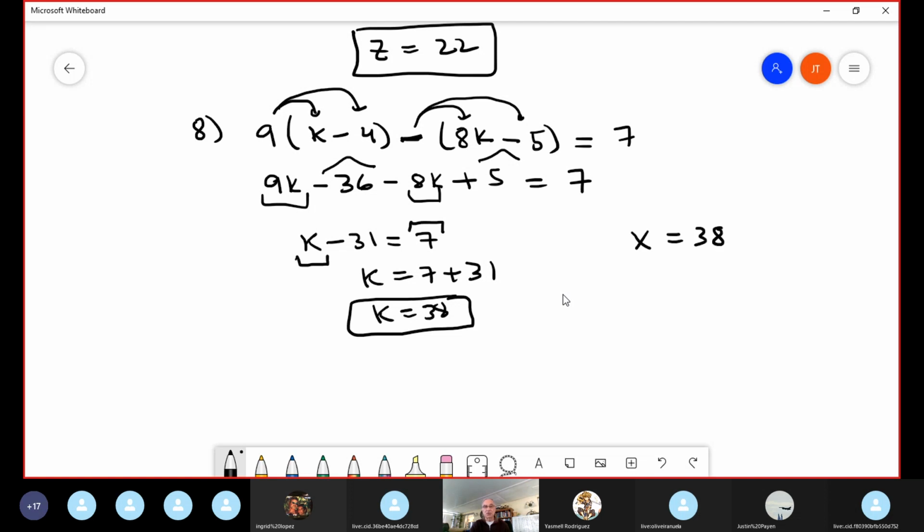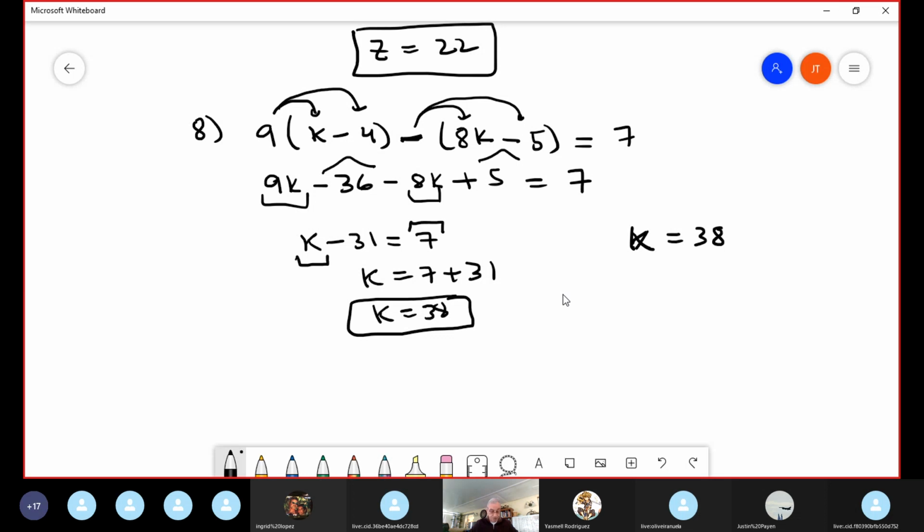In the manipulation of the original equation, in this case no X, it's K. Step number 1 is remove parentheses. Step number 2 was combine like terms. Step number 3 was move 31 to the right hand side. Because my goal is to isolate the K. Good?